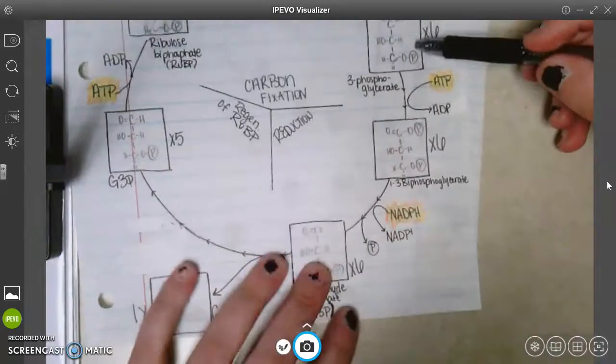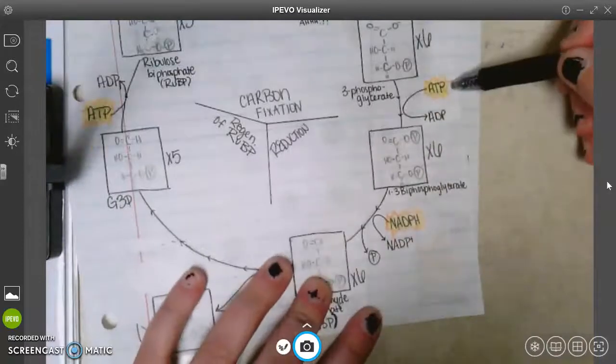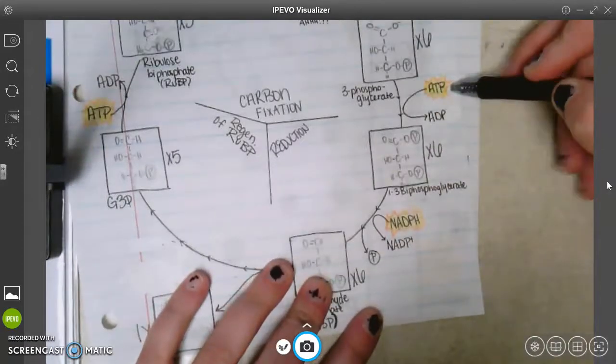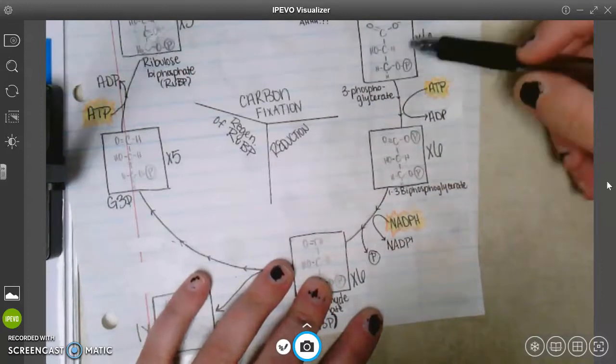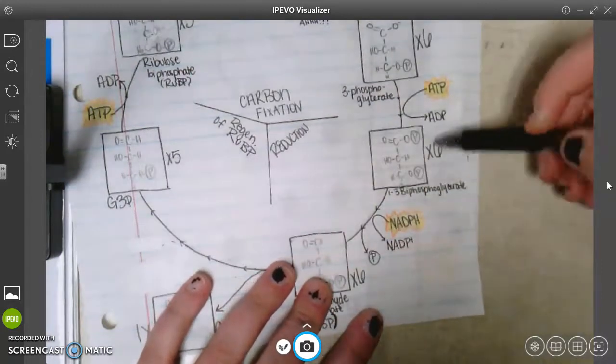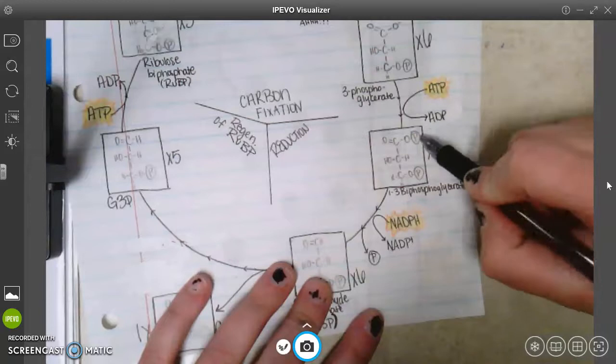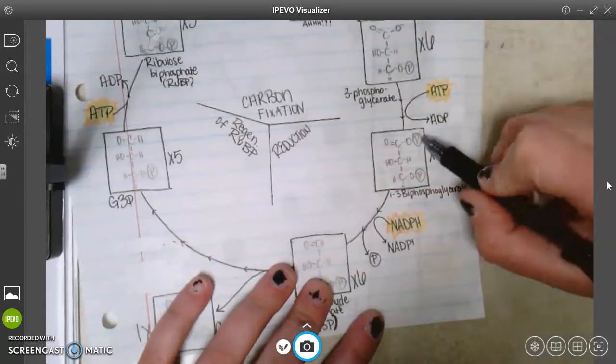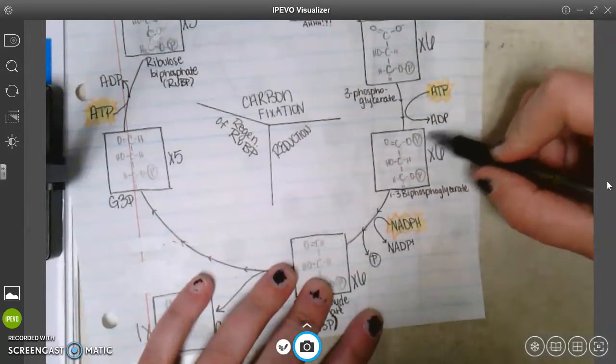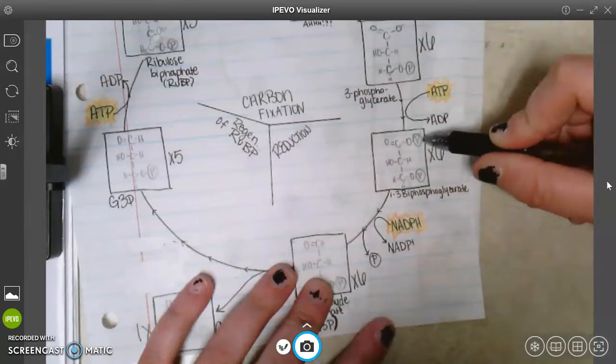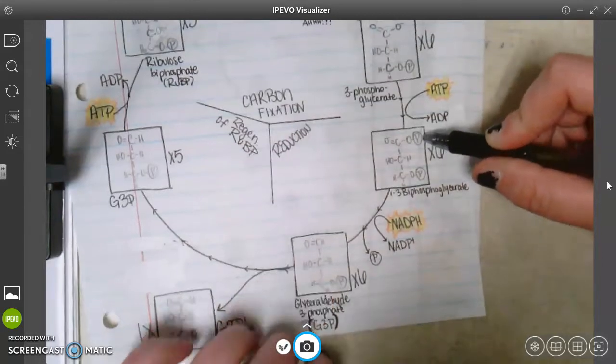Okay, so at this point, we're going to use some of that energy that we created in the light reactions to mess this guy around a little bit, and basically add some phosphates here, which we got from here. So we're going to stick some phosphate here to create 1,3-bisphosphoglycerate.